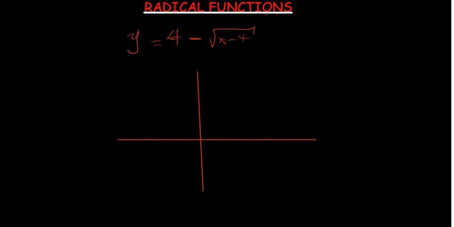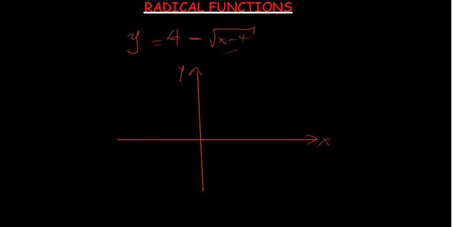So what if we have y is equal to, let's say, 4 minus the root of x minus 4? How do we sketch such a graph? I've got our x and our y.